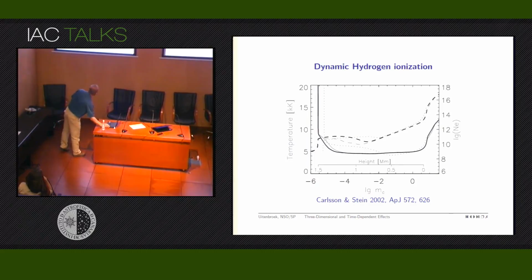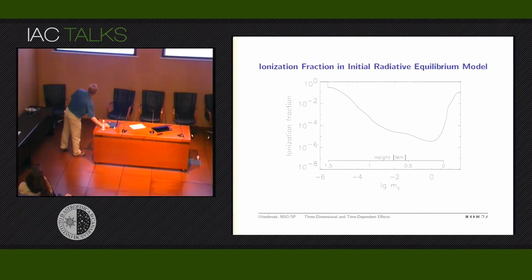And the reason for that is the following. First, this is to give you an impression of the fraction of ionization in a typical atmosphere. It varies from about 10 to the minus 5, 10 to the minus 4 at the temperature minimum, where all the electrons typically in the photosphere result from ionization of metals, not from hydrogen, to about 1 when you go to the transition region.